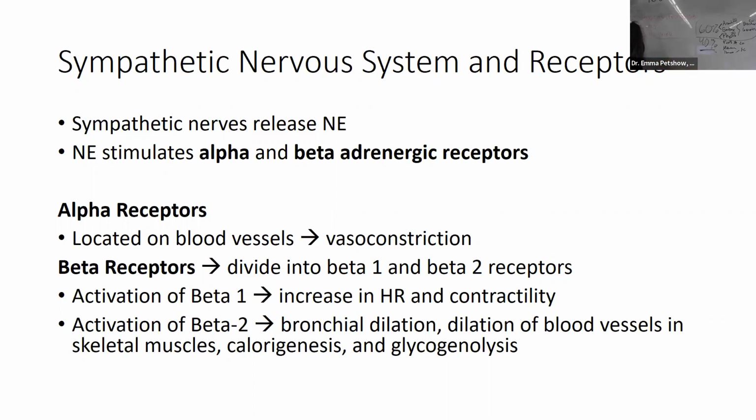So essentially, we're going to be increasing our body's ability to have fast resources, fast glucose available. We're not storing, we're using. We're going to increase metabolic rate and use because we're increasing heart rate and contractility. We're increasing oxygenation by dilating our lungs, increasing bronchial dilation, and we're increasing blood flow to muscles so we can run, right? We can run from that bear.